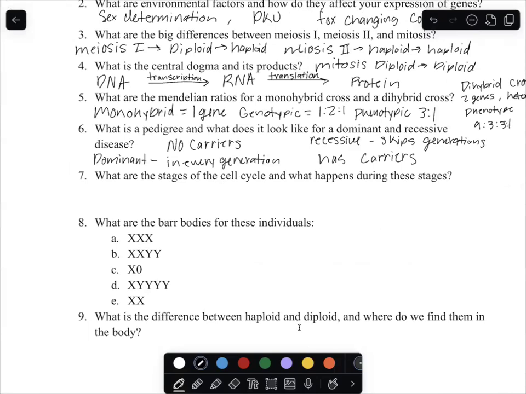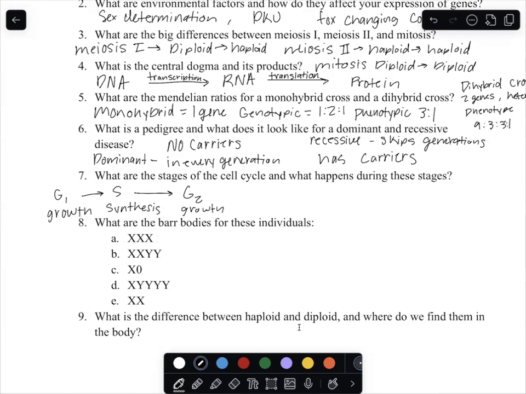Okay, so what are the stages of the cell cycle and what happens during these stages? Sorry, it's my cat. G1, growth. Then you go to S, synthesis, and then you go to G2, growth again. Also have some checkpoints.